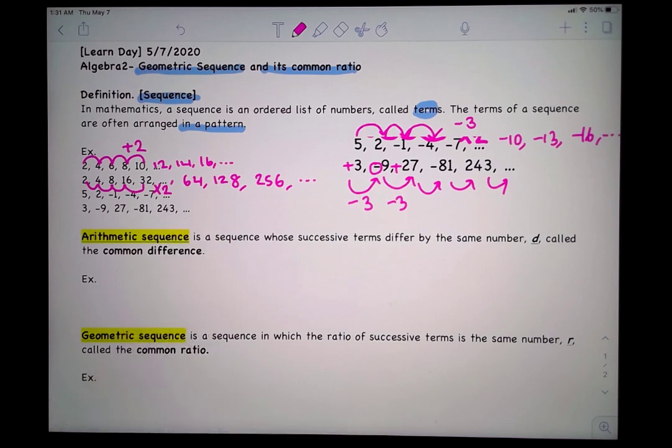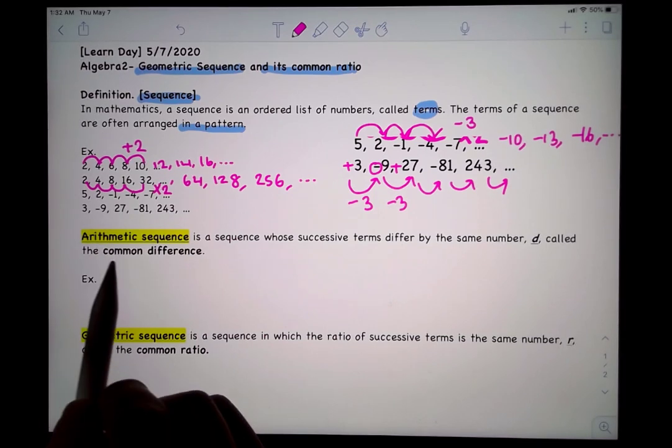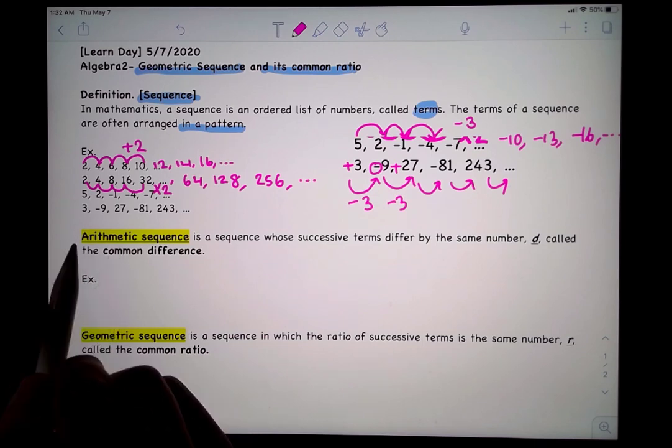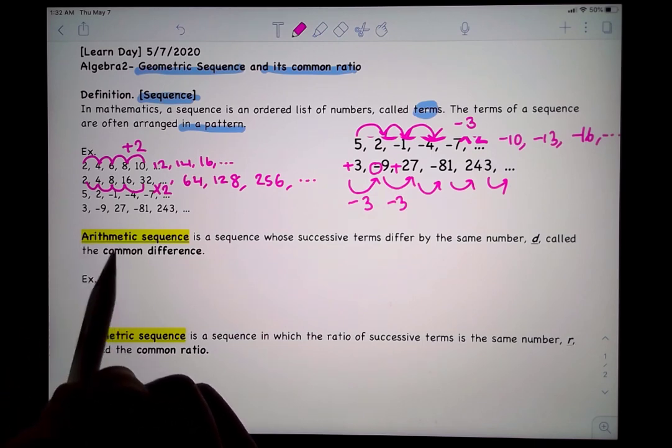Let's look at this one, guys. Overall, if you have a list of numbers that has a pattern, then we say that's a sequence, right? And in sequences there are some special sequences. First, the arithmetic sequence.